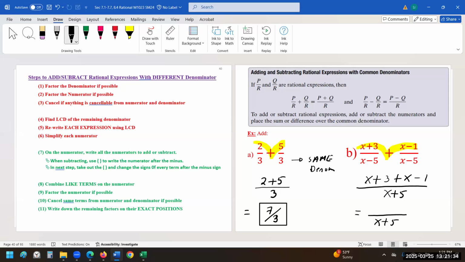When you put the numerators together, what do you have? Sorry. 2x plus 2. But we cannot stop here. Why can't we stop here?